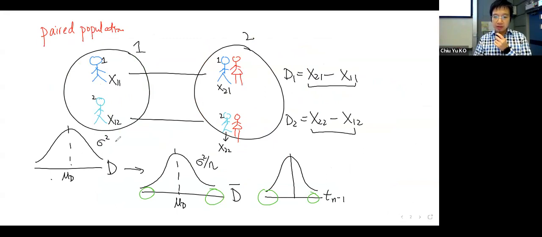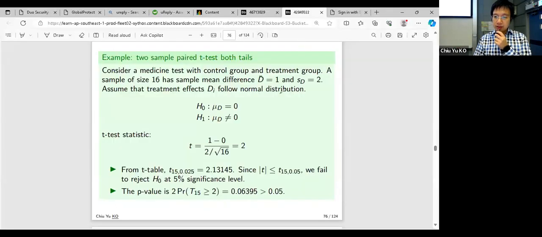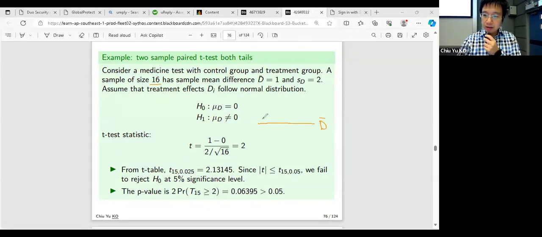And we don't know sigma, so we have to use T. Look at this problem again. What we have is 16 samples. The D bar is normal, that's assumed, and the treatment effect is 0. What we have is just 1 here, and we don't have sigma.